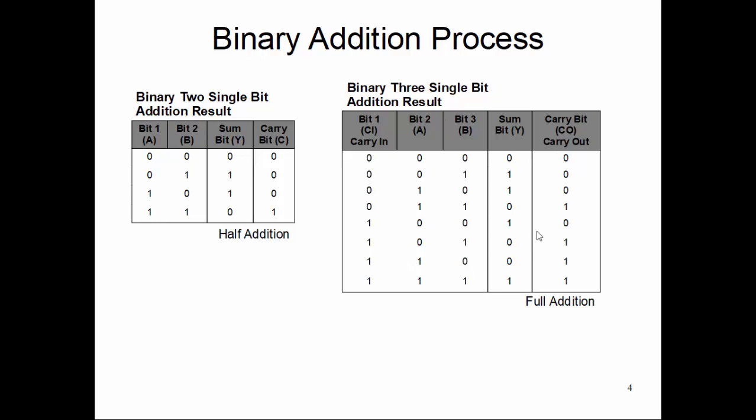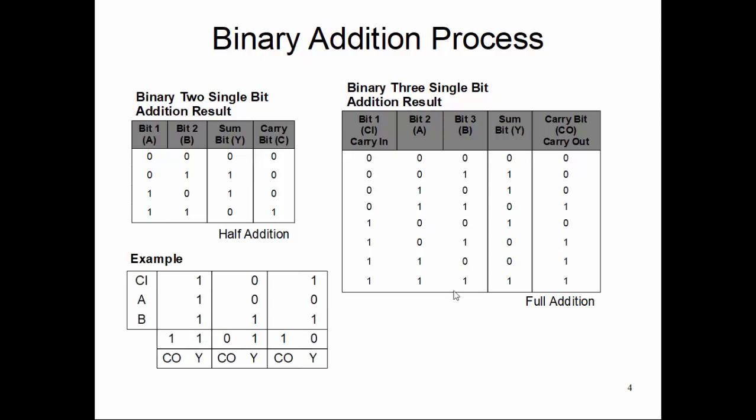So for example, let's say carry in is 1, A is 0 and B is 1. So it's basically 1 plus 0 is 1, plus 1 is 10. So your sum bit is 0 and the carry out from that stage would be 1. Another example: carry in 0, A 0, B 1.